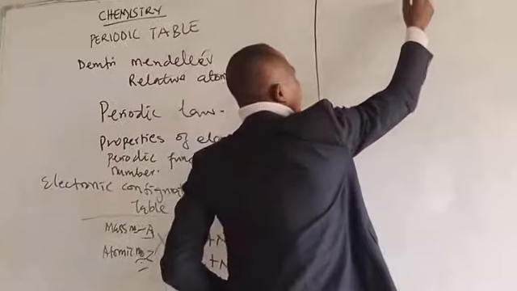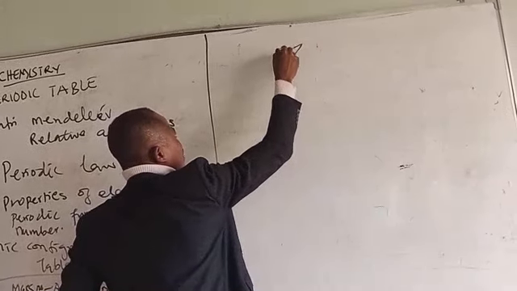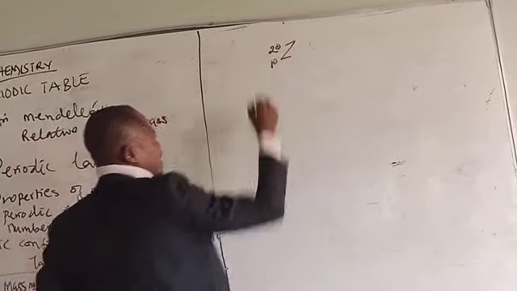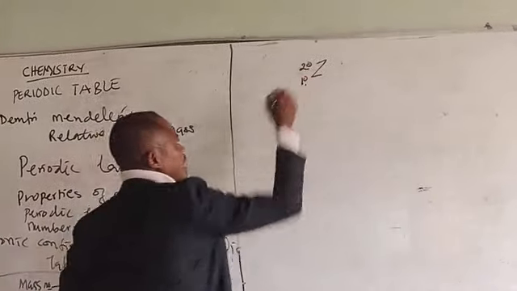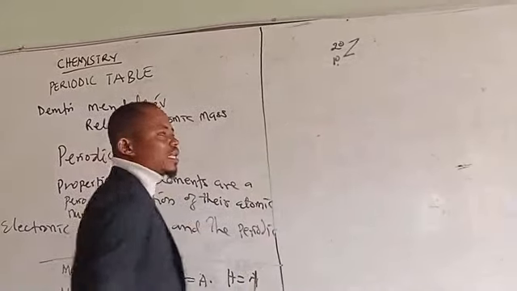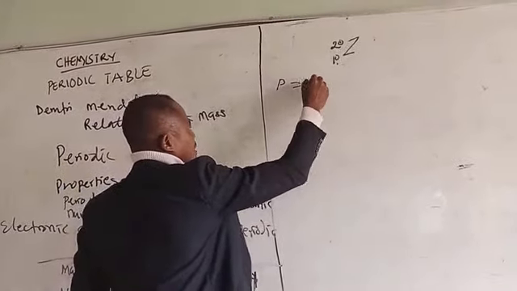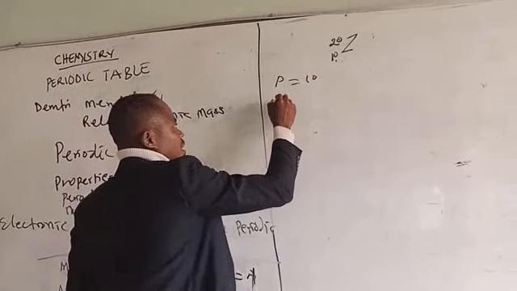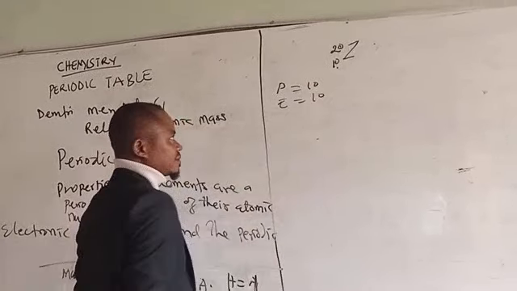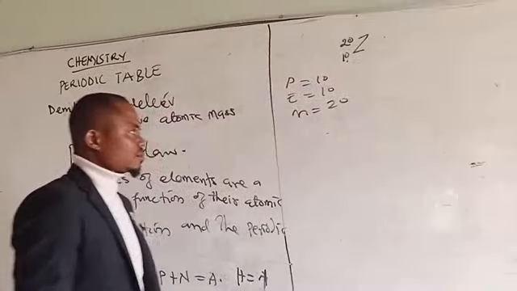So if you are given an element, say Z, with mass number 20 and atomic number 10, you should be able to tell us certain things from this information. You should be able to tell me that the number of protons is 10, the number of electrons is 10, and the mass number is 20.